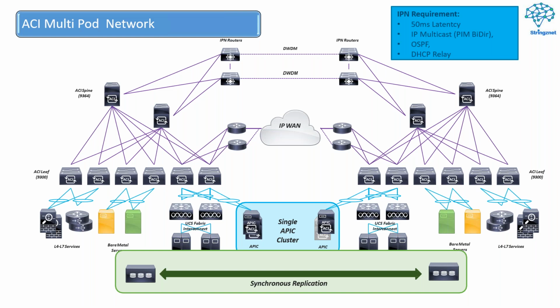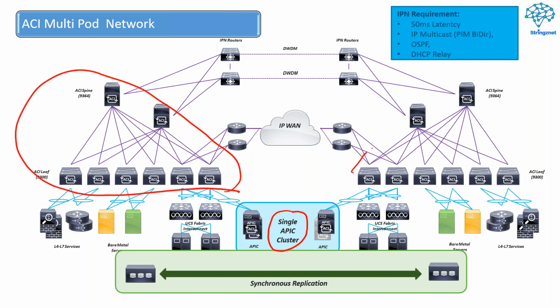The important thing in case of a multi-pod, as different to that of multi-site, is that multi-pod has a common APIC cluster between the 2 ACI fabrics. So this is one ACI fabric. This is another ACI fabric having leaf and spine switches, but they do share their common APIC cluster.